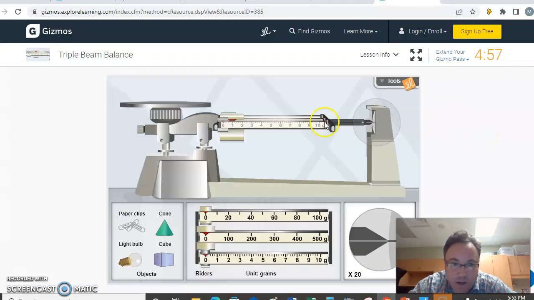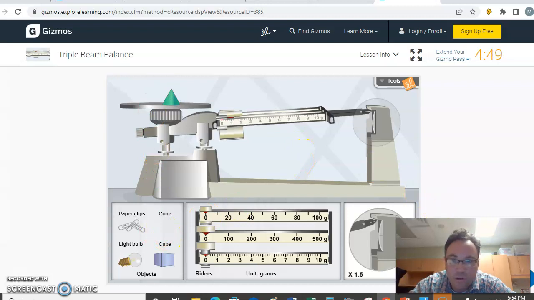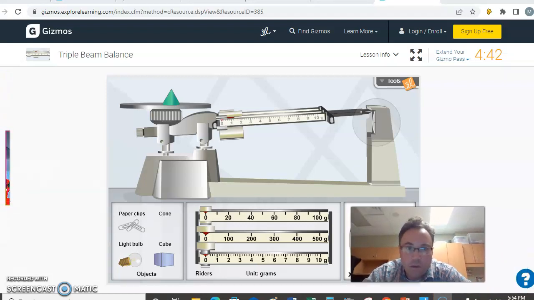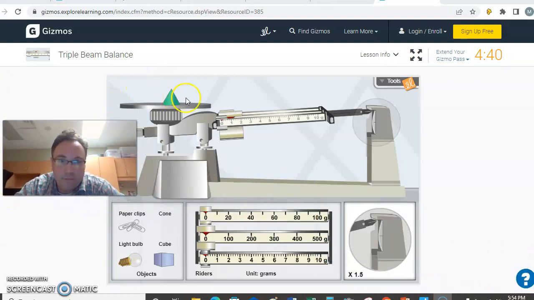So this right here is a triple beam balance simulator. The first thing we're going to do is put our cone up here. Now we're going to balance it, right? We want that line lined up straight right there.